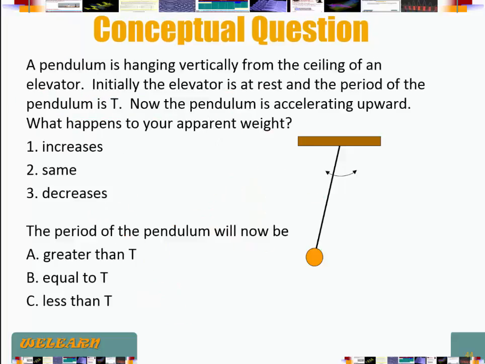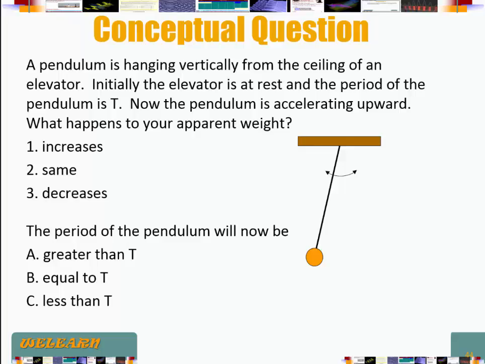Now in this question here, a pendulum is hanging vertically from the ceiling of an elevator. Initially the elevator is at rest and the period of the pendulum is T. Now the elevator is accelerating upwards. What happens to your apparent weight?